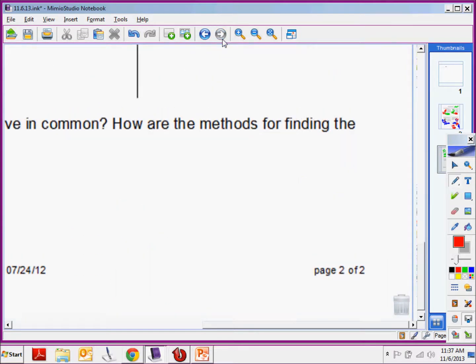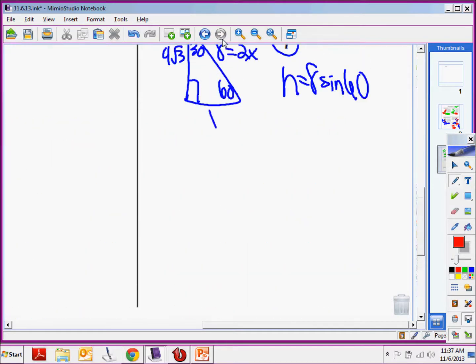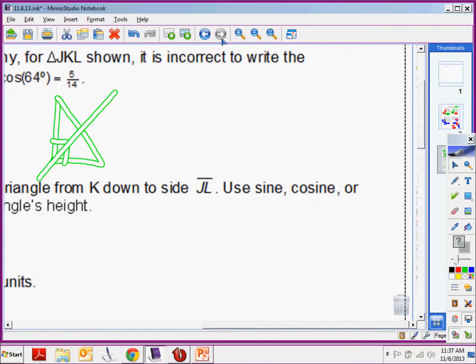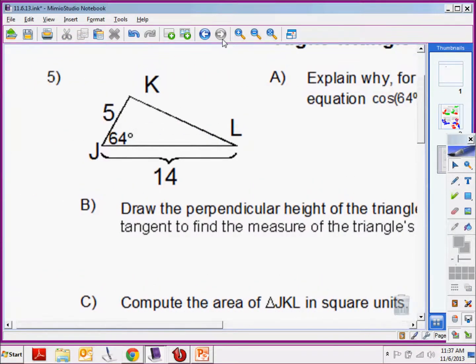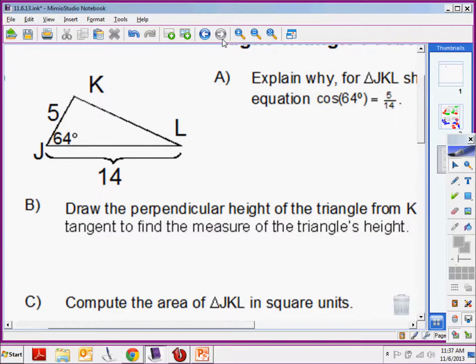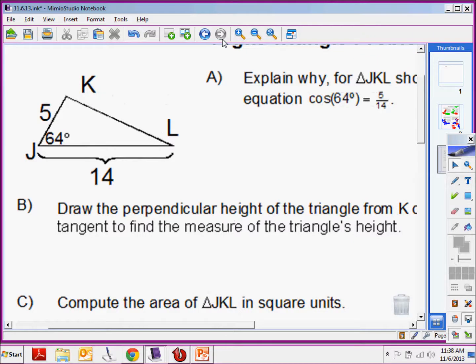All right, on to the next one. Explain to me why we can't just say that the cosine of 64 degrees is 5 over 14. This is not a right triangle. Because it's not a right triangle, I cannot use sine, cosine, and tangent.